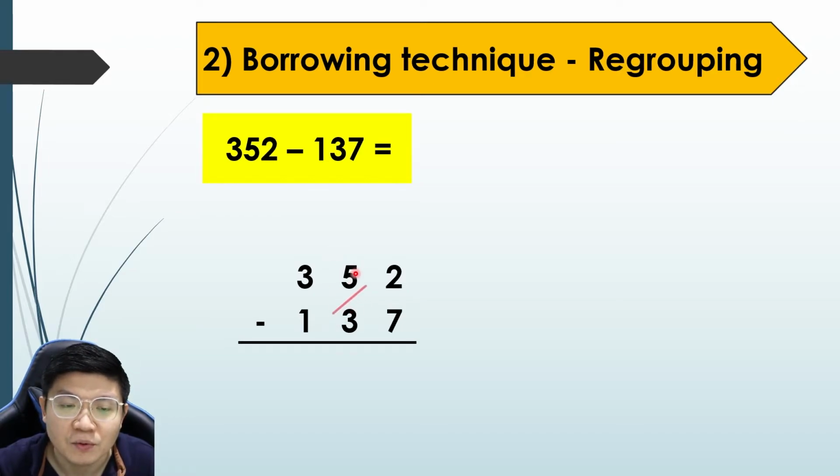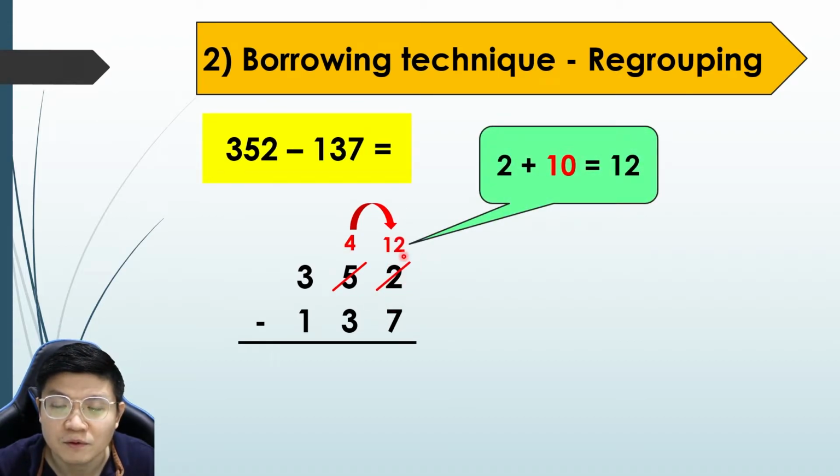When you borrow 1, it becomes 4. So when you bring it over to here, the 2 will become 12. Why? Because 2 plus the 10 that you borrowed from the 5 becomes 12. Now, 12 is enough to minus 7.